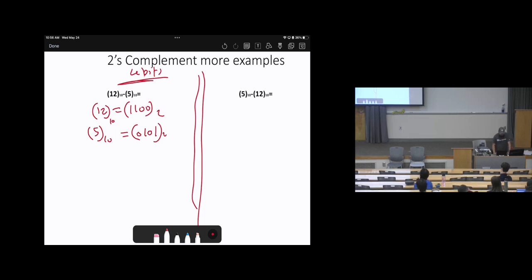Now, how to represent the negative 5? Do the complement, the ones first. It will be 1, 0, 1, 0 plus 1, which is going to be 1, 0, 1, 1.